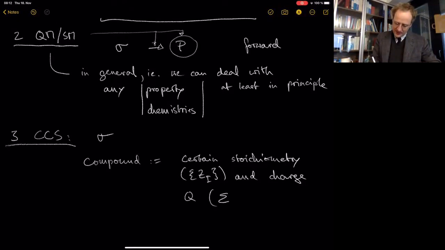So the number of protons is the sum over all nuclear charges, minus the number of electrons, right? So a certain set of nuclei, a certain charge Q, and a certain electronic configuration, right? A certain electronic state.